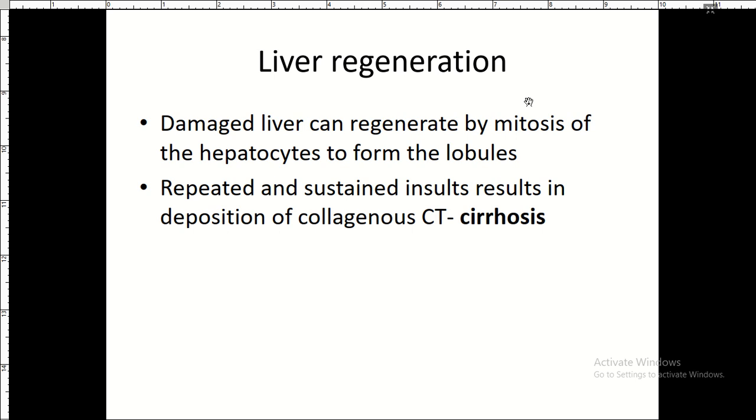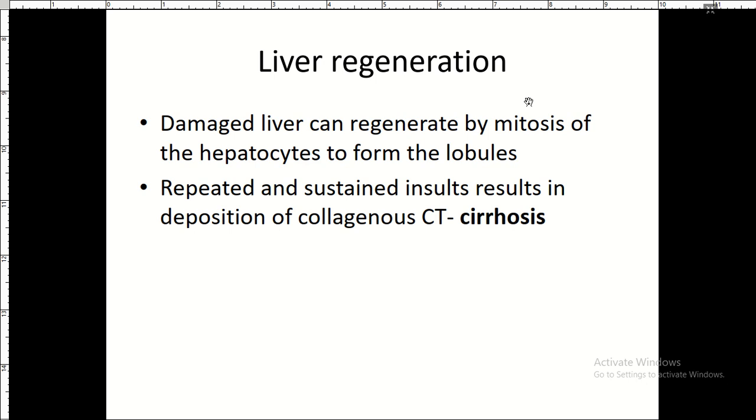But if there are repeated insults, or repeated injury to the liver, the hepatocytes will enter the quiescent stage, which is the G0 stage. They no longer divide.